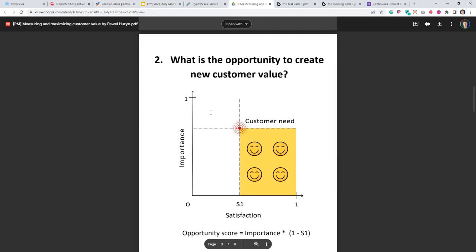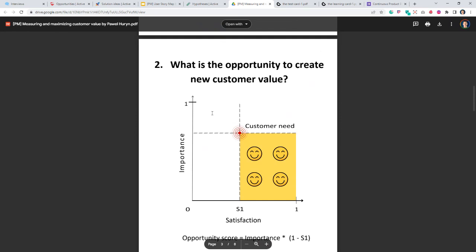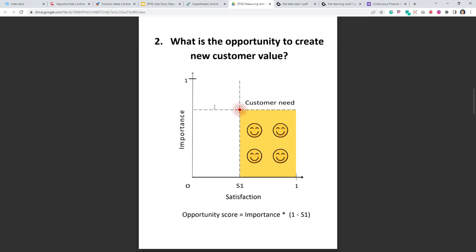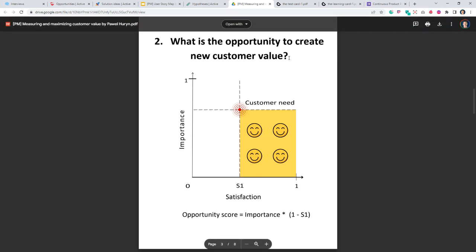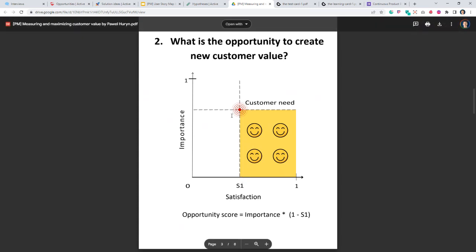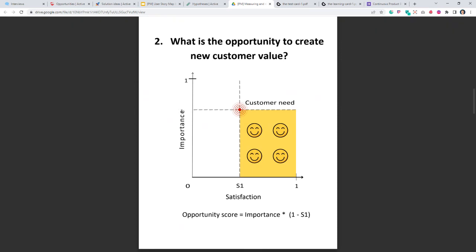Let me present it. So this is a much simpler way than the original formula of jobs to be done theory that has a nice visual representation. So what it tells is that the more important the problem is for the customer, that this is obvious, the more value solving this problem can create.